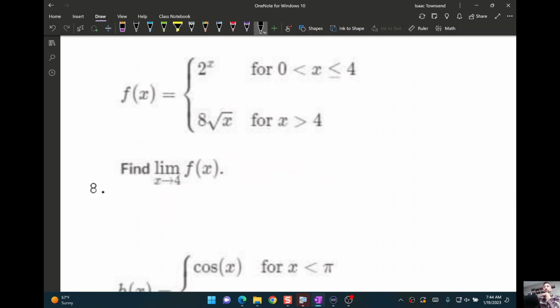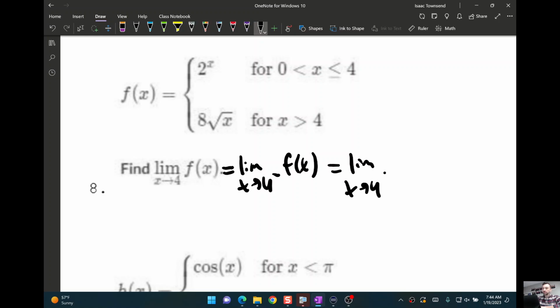So what you have to know about limits, for the limit as x approaches 4 to exist, it better be exactly the same thing as the limit as x approaches 4 from the left and the limit as x approaches 4 from the right. If the limit from the left is not the same as the limit from the right, then that limit does not exist.